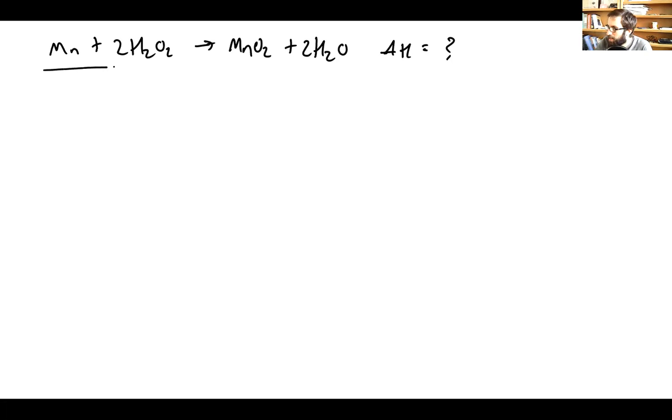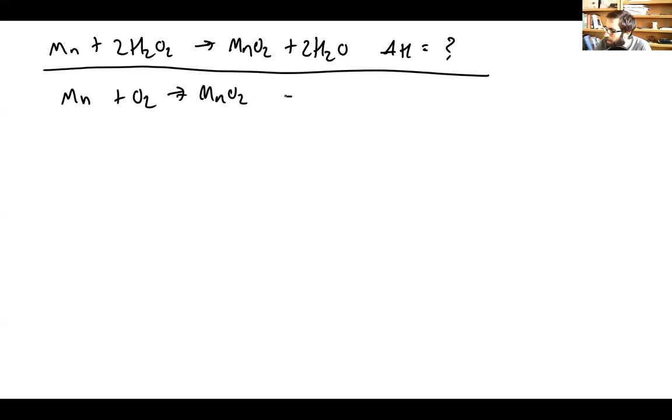And we're given, okay, the things we can play with, the reactions we can move around, are Mn plus O2 goes to MnO2, and O2 plus H2 goes to H2O2.